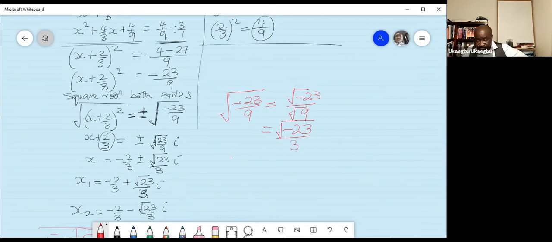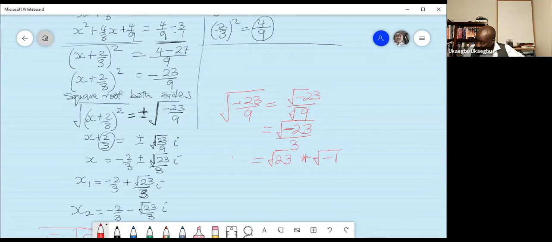Now, because of the negative inside this particular one, anytime you have a negative number inside a square root, it becomes a complex number. So the numerator is going to be square root of 23 multiplied by square root of negative 1.